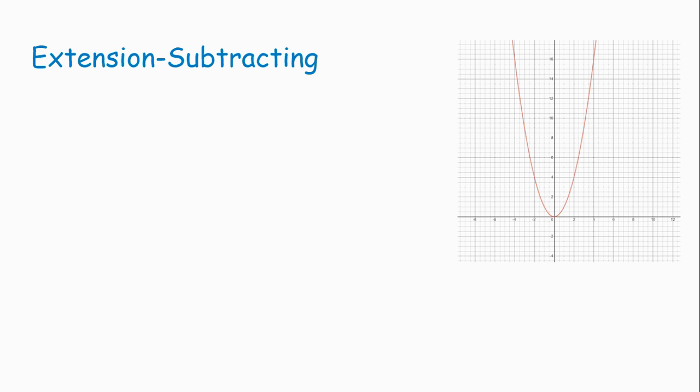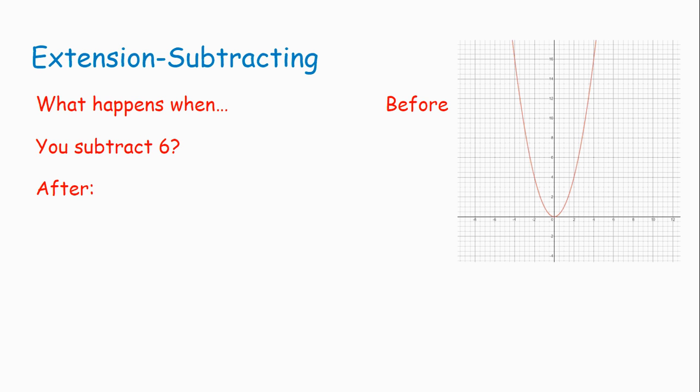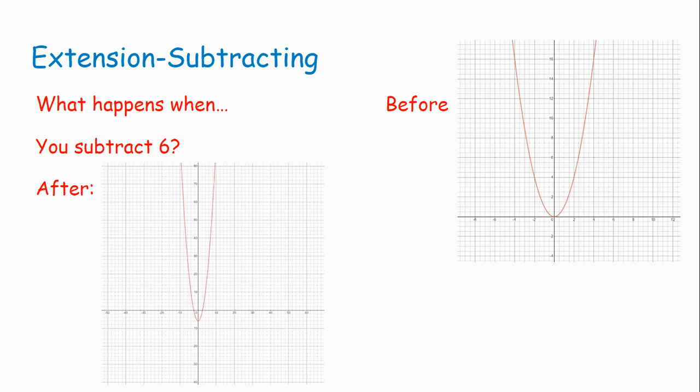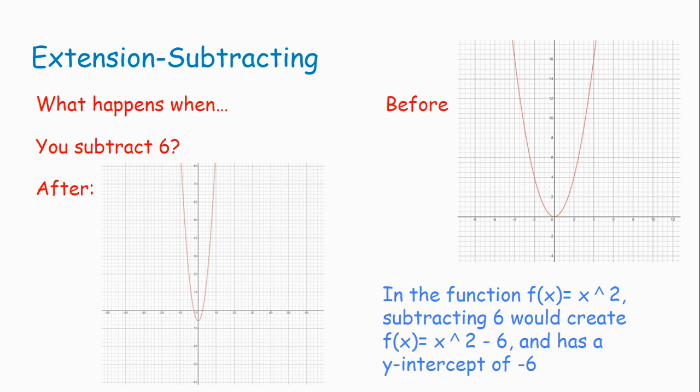Okay, so the subtracting extension. If you subtract 6, your y-intercept would go down to negative 6 because it's slope-intercept form, and so it starts from negative 6 and goes up.